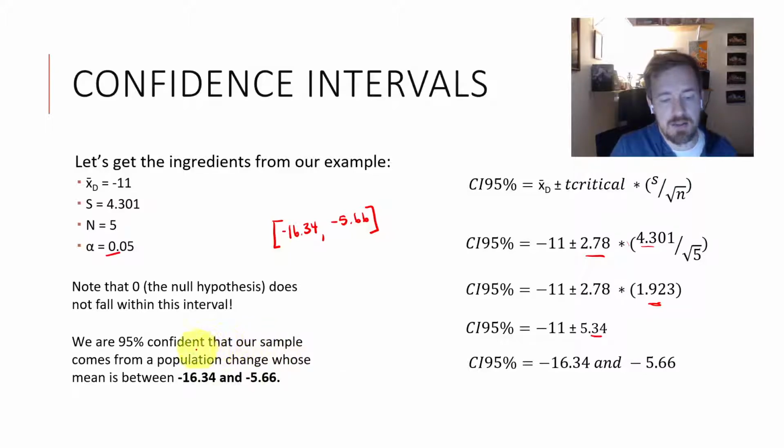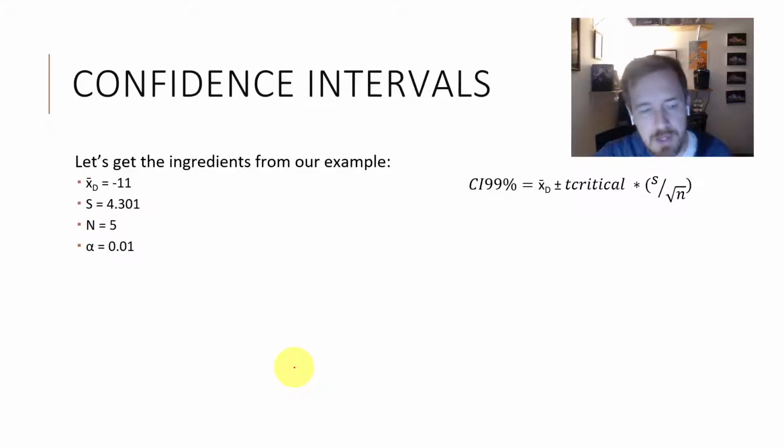And I should say that our sample difference comes from a population change whose mean is between this. Population change also suggests that we're looking at differences here. I just felt like I needed to stress that.